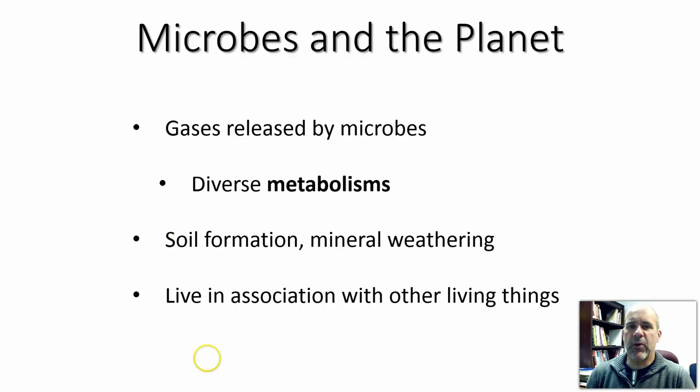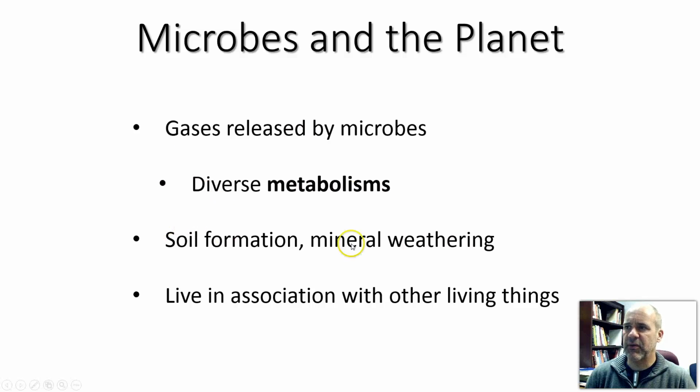Some other things that microorganisms do on the planet: there are various gases that are released by microorganisms, including oxygen gas. They have very diverse metabolisms. Metabolism includes chemical reactions that break things down or build new molecules, and there is lots of diversity.